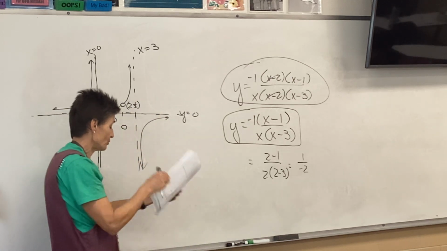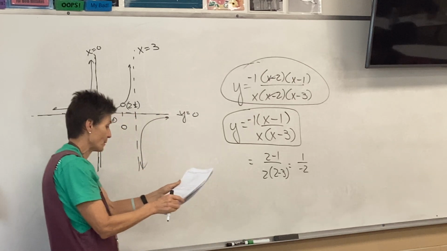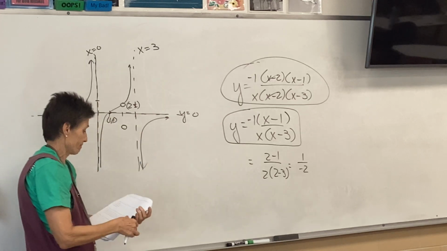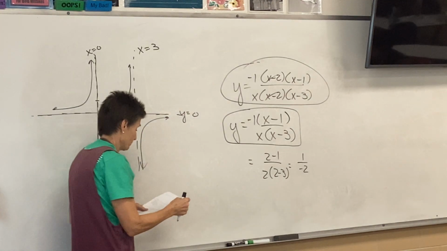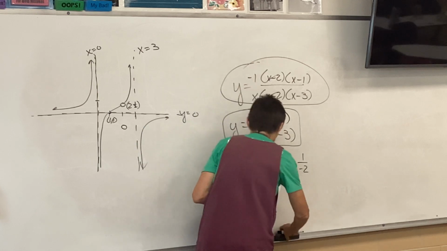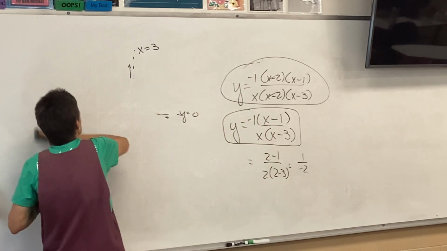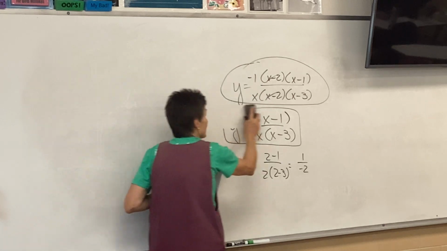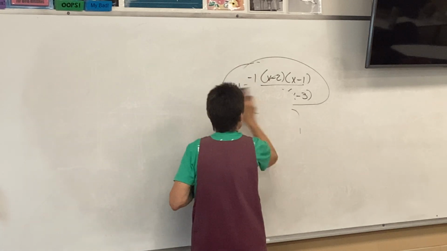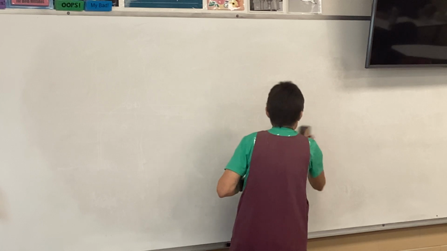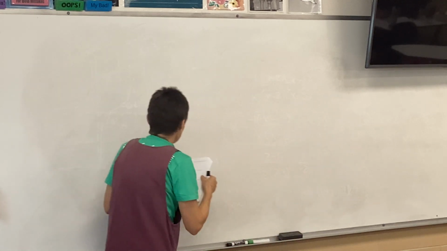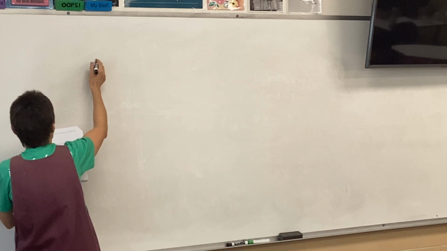To go to, that was example 5, I need you to go to example 6. And we are going to find the slant asymptote.